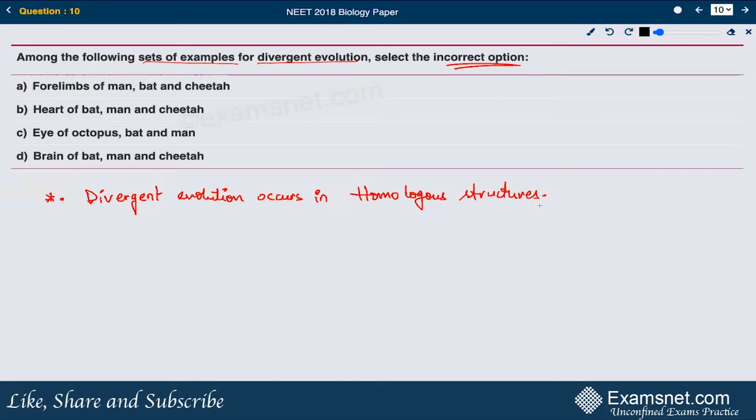Now, what are homologous structures? Homologous structures are those structures which are structurally similar. That means they are similar, but functionally they will be different.